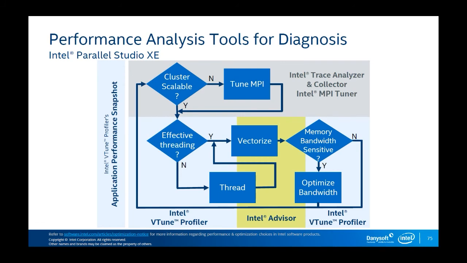All this process can be seen in relation with the tools included in the Parallel Studio. If we are focusing on a node, checking whether our application can be parallelized by multithreading, it can be seen with the VTune profiler that I showed you on the second and third days. If the code is well threaded, I have to focus on vectorization.